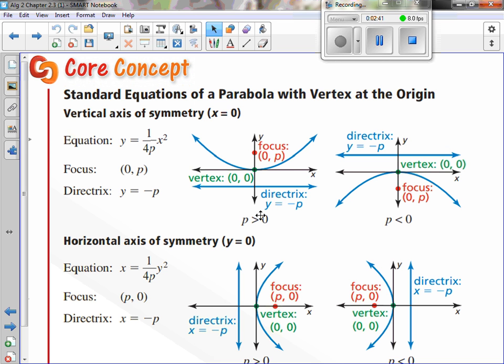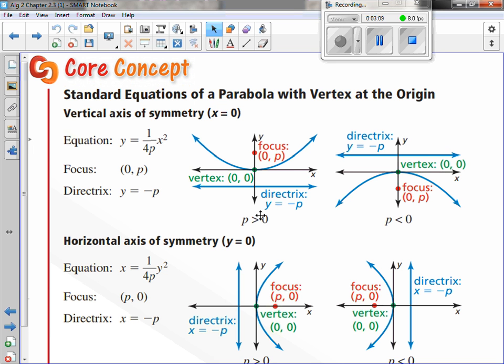The directrix is y equals negative p. And we have our graphs, okay?